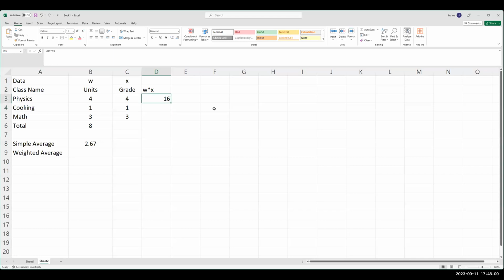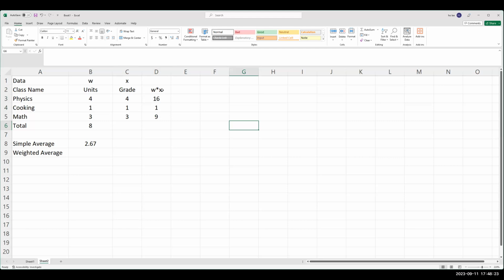Let's do that for all of the classes. Equal to 1 times 1. And we could copy the formula down, Control C, go down to where you want to copy to, Control V, click on it to make sure you copied the formula correctly.